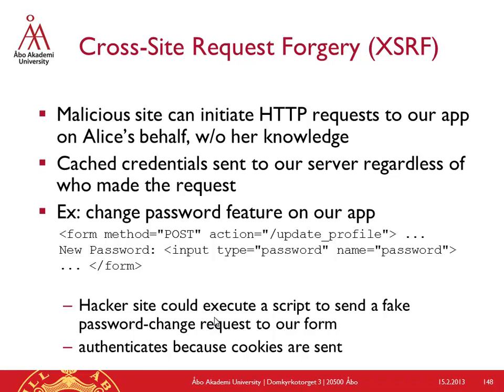The malicious site can basically request our good application on behalf of Alice, even without her knowledge, if there is an ability for the site to submit a request to our site in the same browser session.